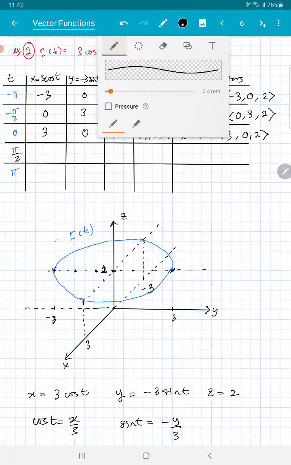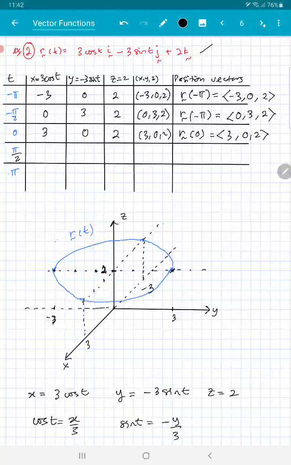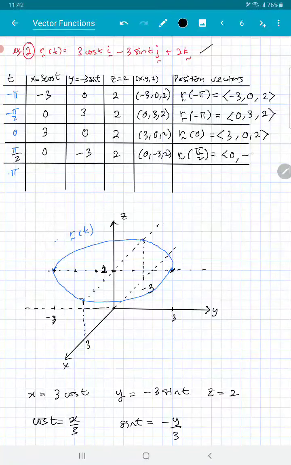Now when t is pi over 2, cos pi over 2 is 0, so x is 0 and y is negative 3 and z is 2, so we have another point, 0, negative 3, 2, and another position vector equal to 0i minus 3j plus 2k. And the last t is pi. Cos pi is negative 1, so we have negative 3.